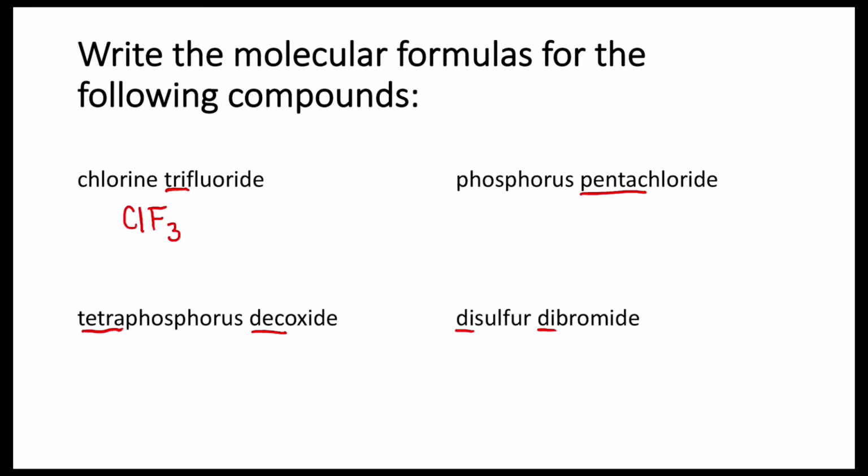Looking on the periodic table again, P is phosphorus, penta means 5 chlorines, so it's going to be PCl5. Notice that the 5 goes behind, or to the right in the subscript position of the element that it's in front of. In this case, it's chlorine, and that's because it's telling you exactly how many of that element you have present. So we have 5 chlorine, so Cl5.